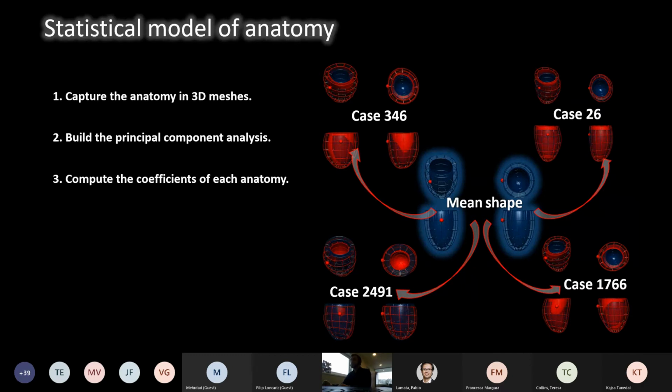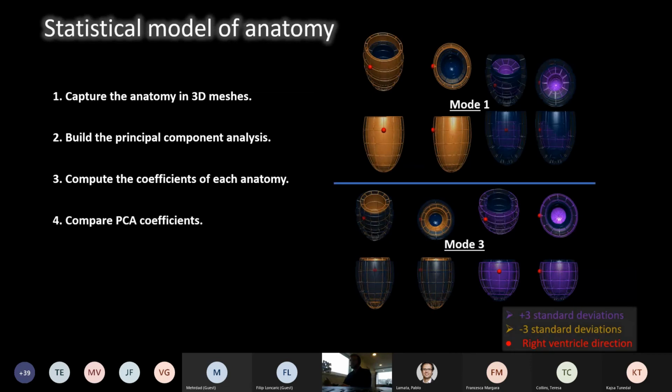With this, every shape in the population can be defined as the average shape plus some personalized variation of those anatomical modes. And finally, it's possible to compare those PCA coefficients, and with methods like the linear discriminant analysis or the logistic regression, we can find the modes that are relevant for certain diseases, or as in our case, the parameter, which was the BMI.